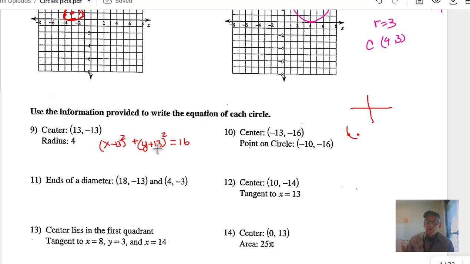So the center of the circle is right there someplace. So this is the circle we're talking about, and this is basically straight back from the center. So this is back 13, down 16. This is also down 16. So the difference between these is actually 3 units of distance, which means the radius is 3.